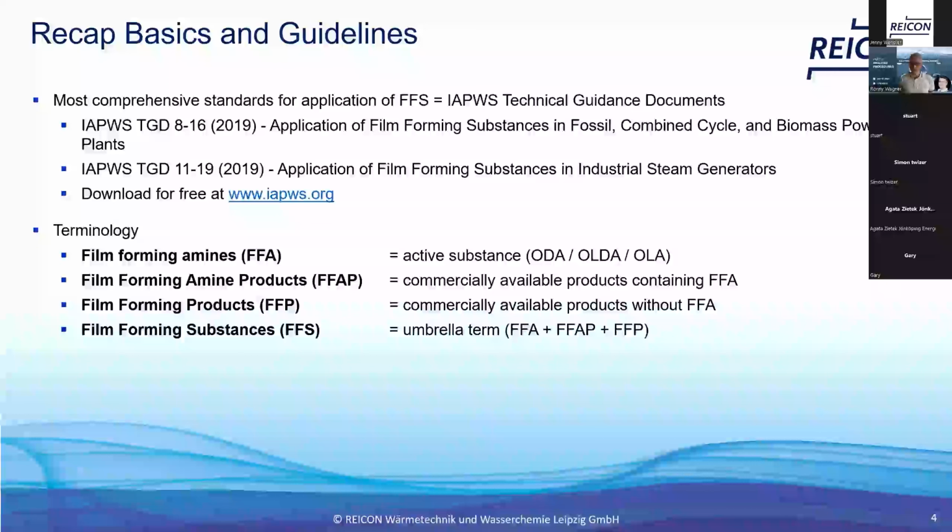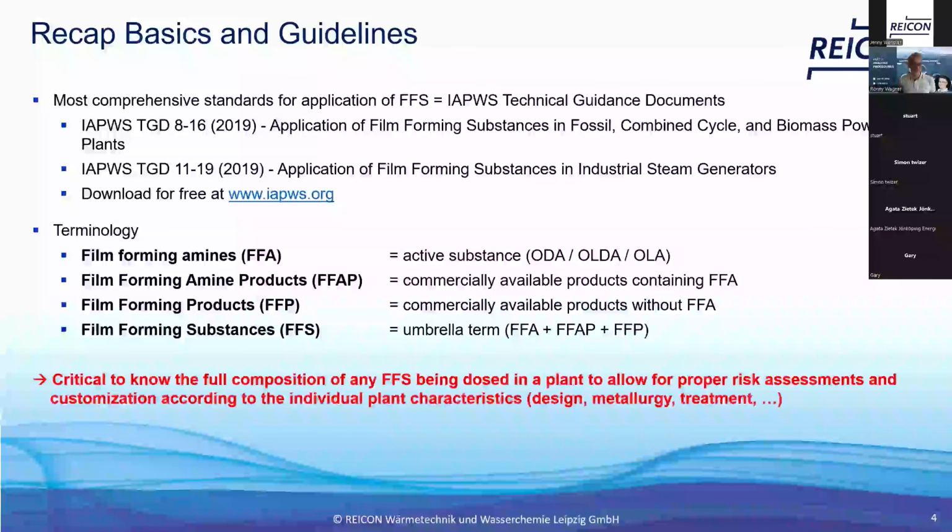In the following, I will talk only on the film-forming amines, as the technology for them and the chemistry behind it is very clear. And also the analytical methods are very well known. So we will focus only on the first two products.